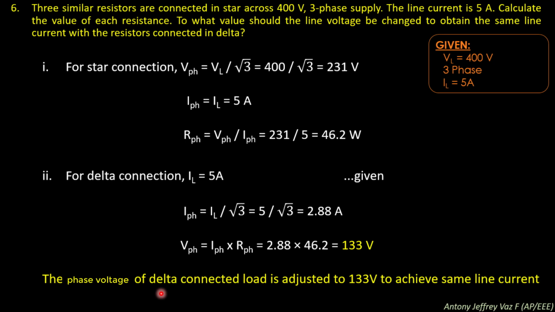The phase voltage of delta connected load is adjusted to 133 volt to achieve the same line current of 5 amperes. So to get the same line current of 5 amperes in delta connected load, you need to adjust phase voltage to 133 volt. Thank you.